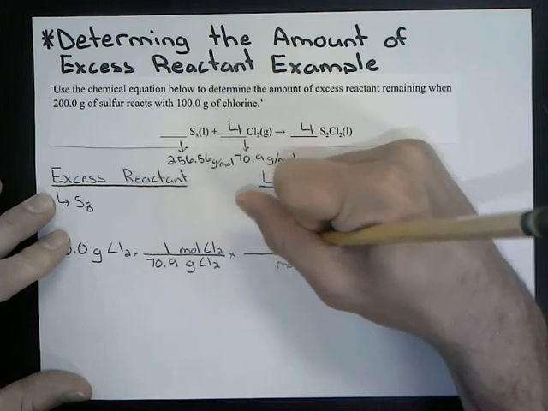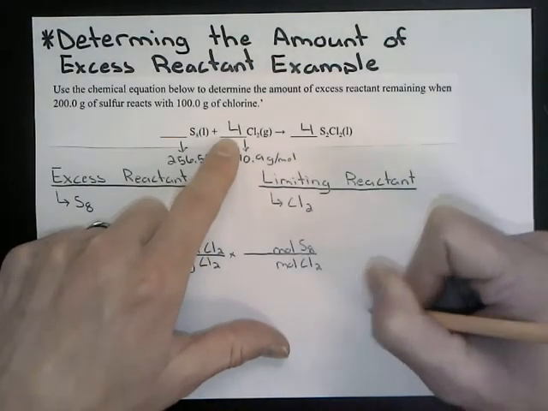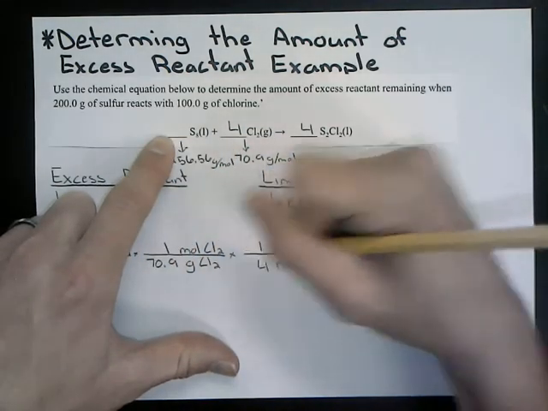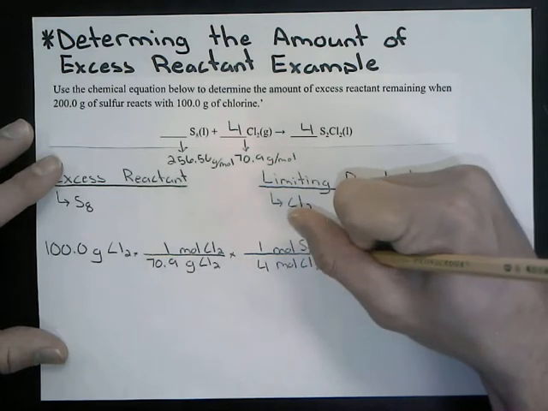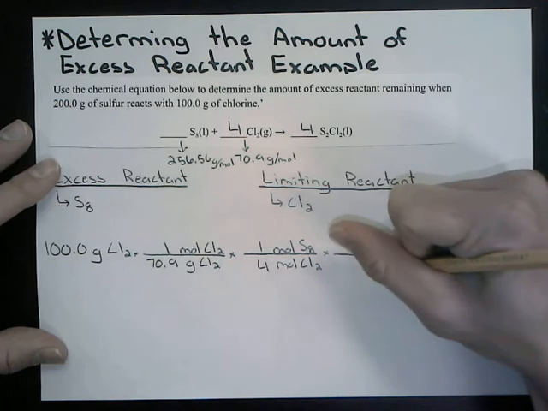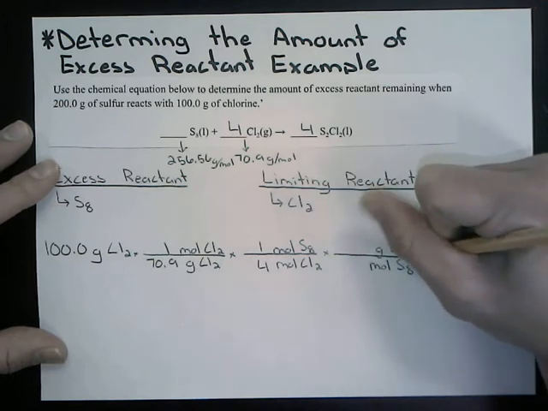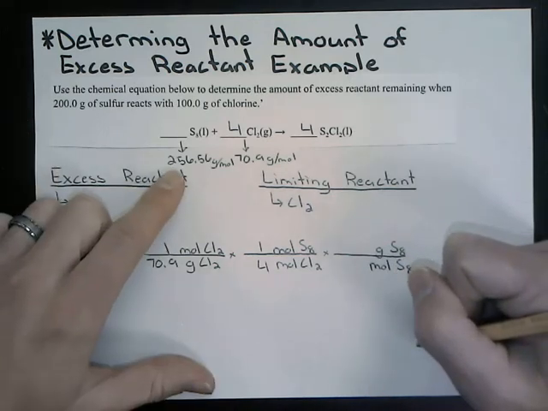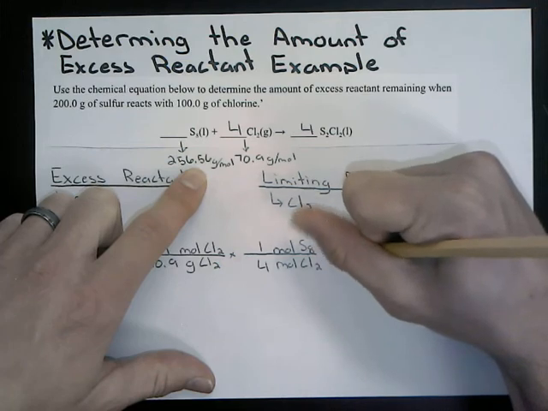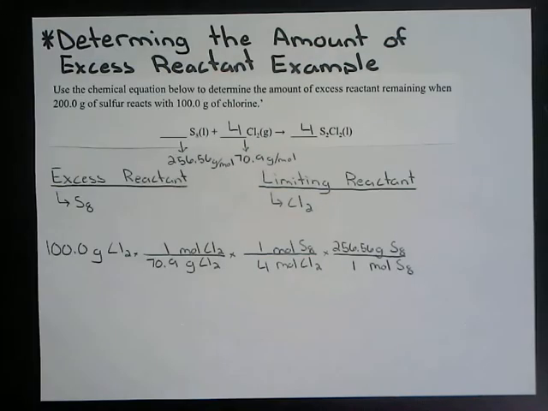So we need to go to moles of S8. We turn to the balanced chemical equation. We see there's a 4 coefficient in front of Cl2 and a coefficient of 1 for S8. Now again, we don't have a scale that measures in moles, so we have to convert moles of S8 to grams of S8. Now, the molar mass is 256.56 grams per mole.